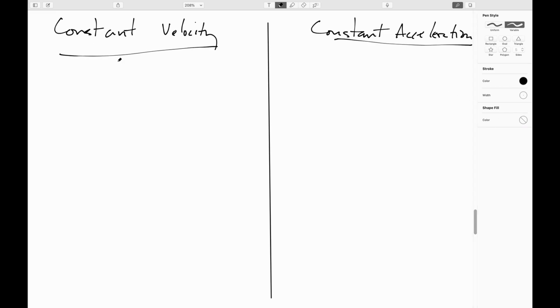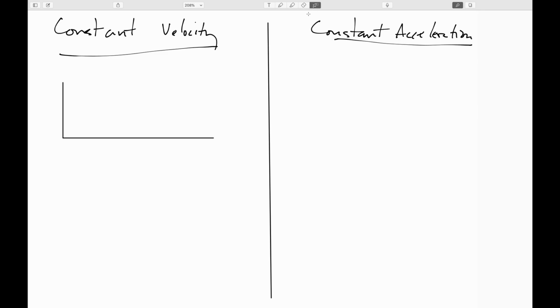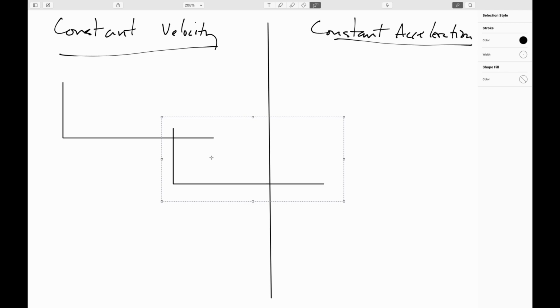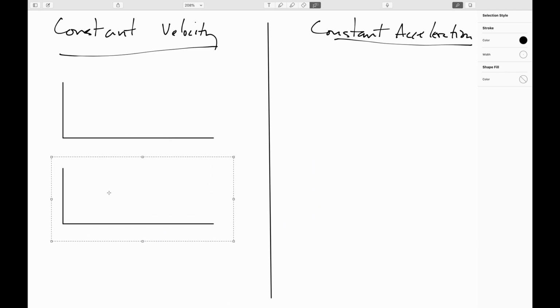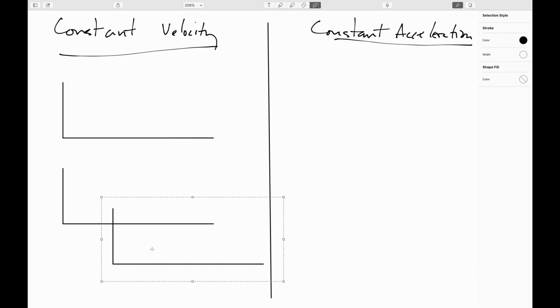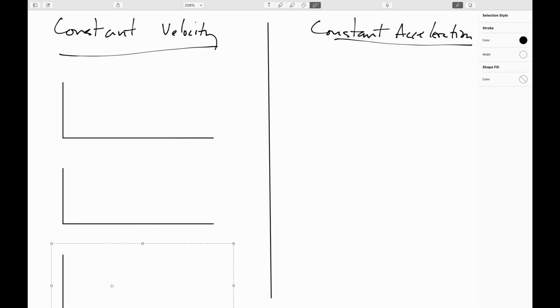So let me just make some axes real quick. That'll do. Like that.